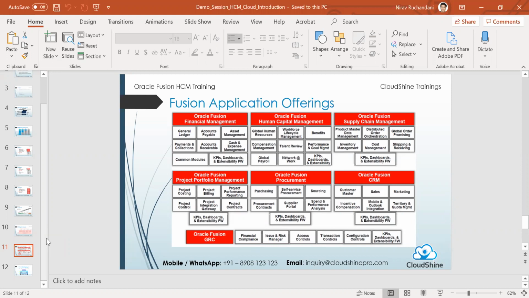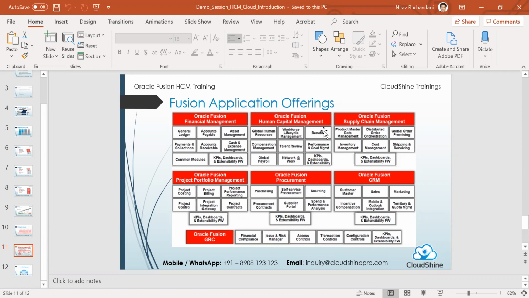But if you see, these are the different offerings that Oracle has per se across the different modules, and across the different work streams, not just the Oracle HCM work stream, but even say finance, supply chain, project portfolio management and procurement, and CRM. And lastly, risk and controls.